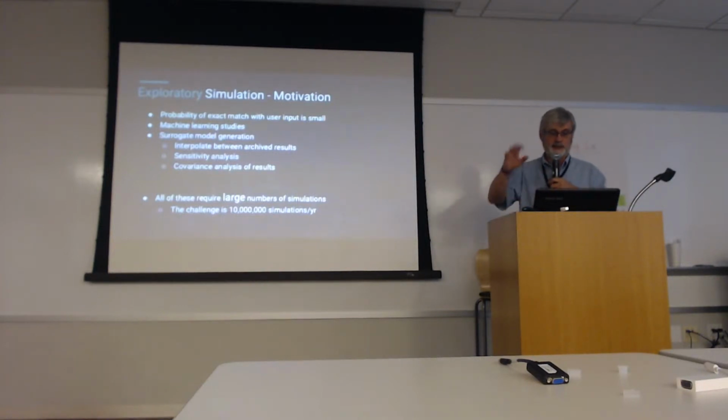And then you can submit that off. So that's all very straightforward and pretty simple. But the probability of the user actually later requesting any one of those points is probably pretty small.